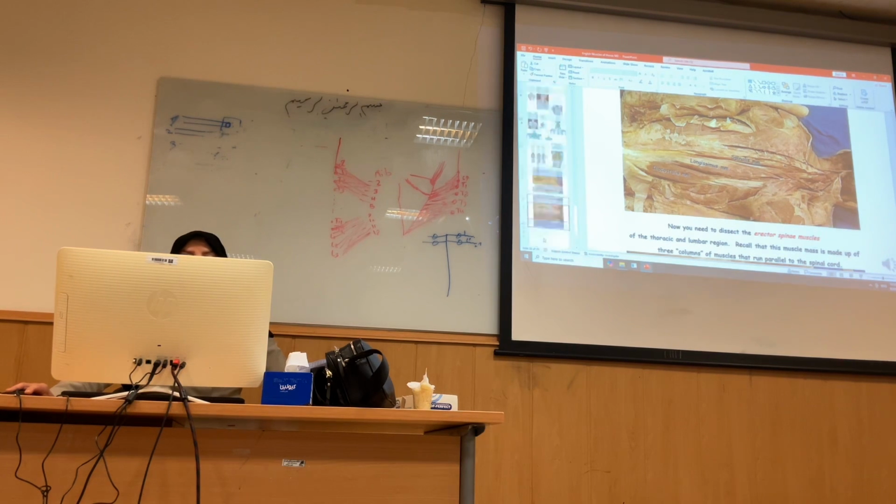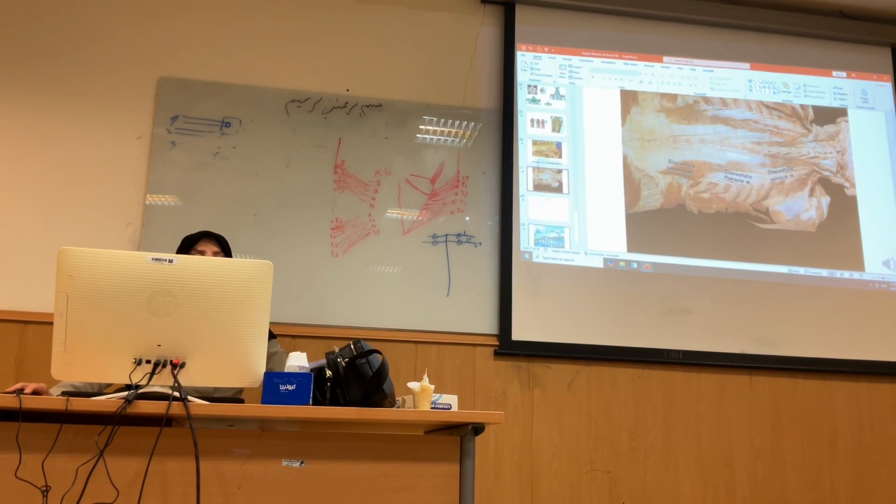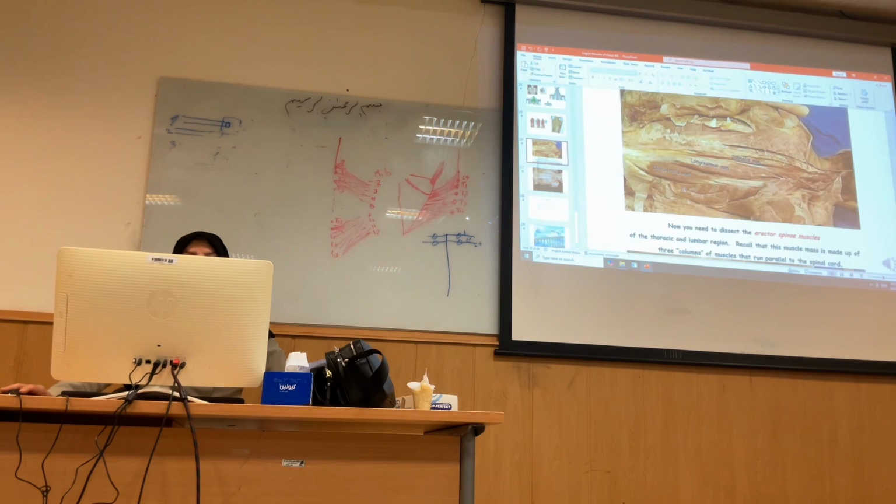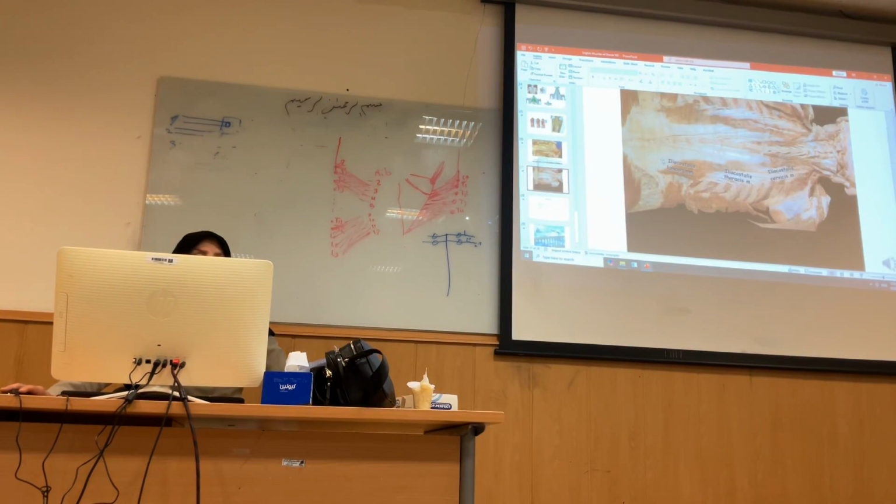Longissimus. Again, I told you it is the iliocostalis, the longissimus, the spinalis, and we have a lot of subdivisions. For example, we can call iliocostalis lumborum, iliocostalis thoracis, iliocostalis cervicis. We don't need to do it. I only put this picture to explain that we have something at the top.